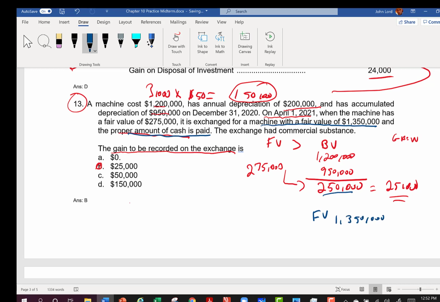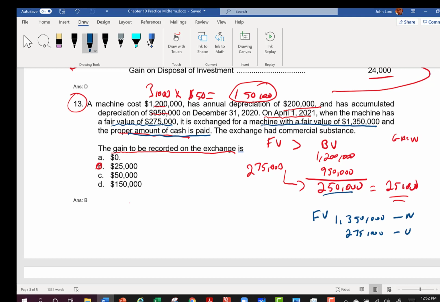And I'm giving to them something that has a fair value of 275,000. That's for the old machine. I'll put an N here and an O here, new and old, of 275,000. So what happens? I got a machine that's worth 275,000. I said, here, take it. Give me your machine worth 1,375,000.